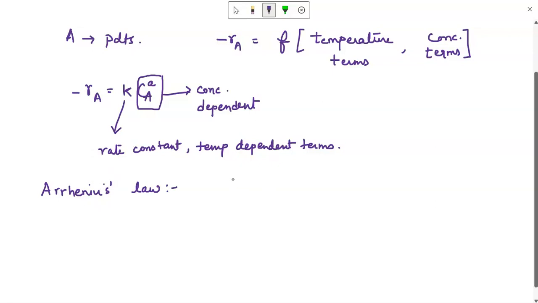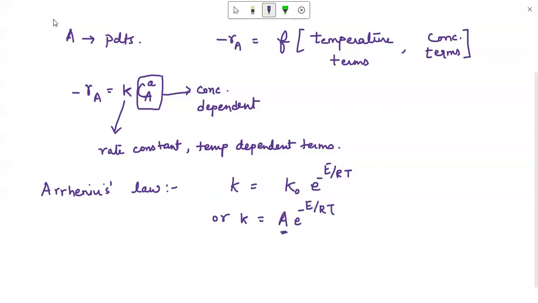The expression is k equals k0 e to the power minus E by RT. Often you will see another form of this expression as A e to the power minus E by RT. Now do not confuse this A with the reactant A. This A or k0 is simply the pre-exponential factor or frequency factor.